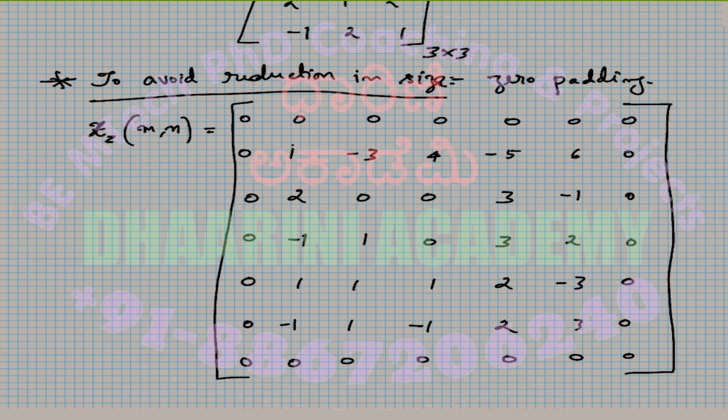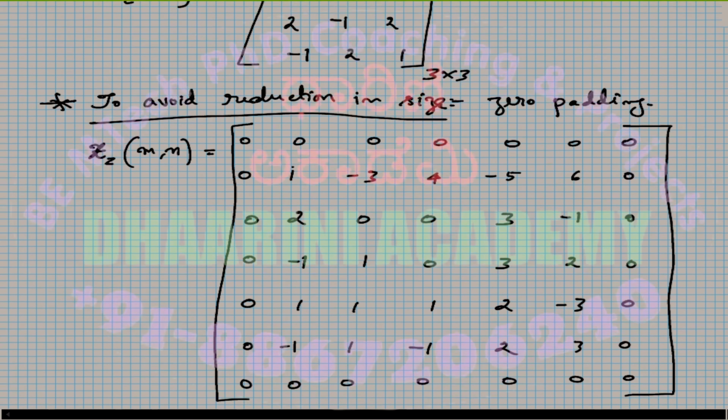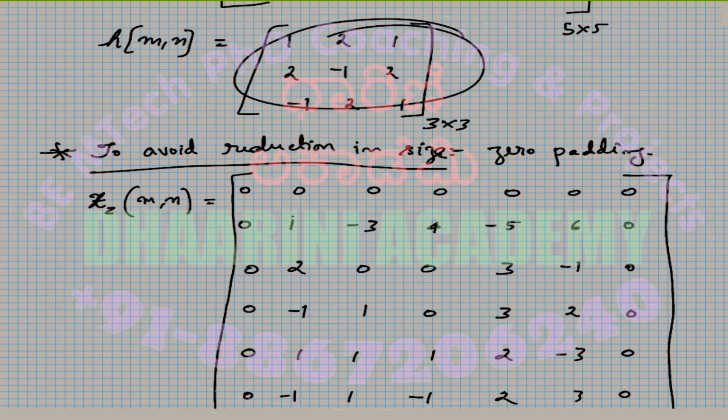Now you see, I added zeros: 1 column to the left, 1 row to the top, 1 column on the right side and 1 row below, because now my h is 3 into 3. Assume the h coming here.